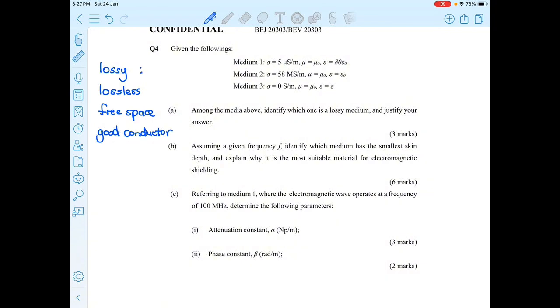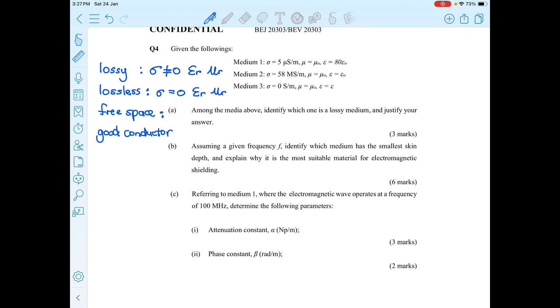For lossy, what is the property? The conductivity is not 0, and it will have an epsilon r value and a mu r value. For lossless, sigma equals 0, and it has epsilon r and mu r values.